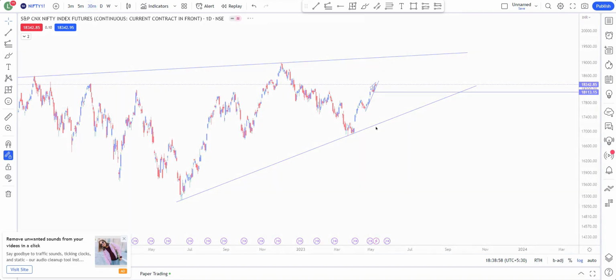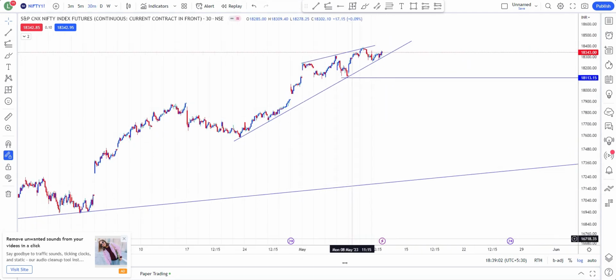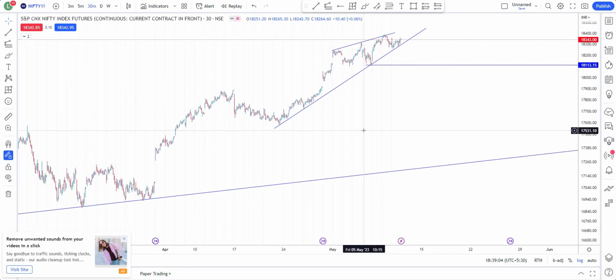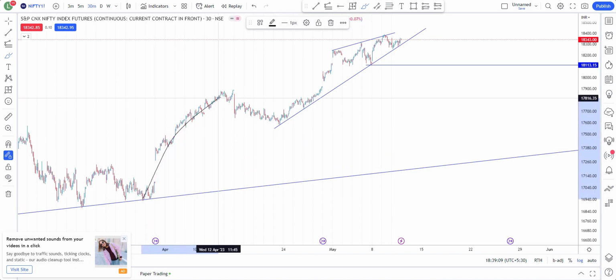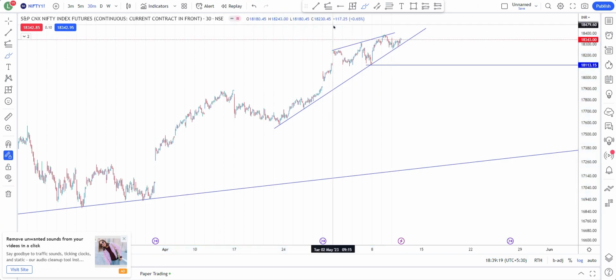If you go to the 30-minute time frame, this is the move we are expecting. If you see here, we have got two big moves. From here, this move was pretty high, more than 800 points. A very small correction. Then again, we moved something close to 600-700 points here.